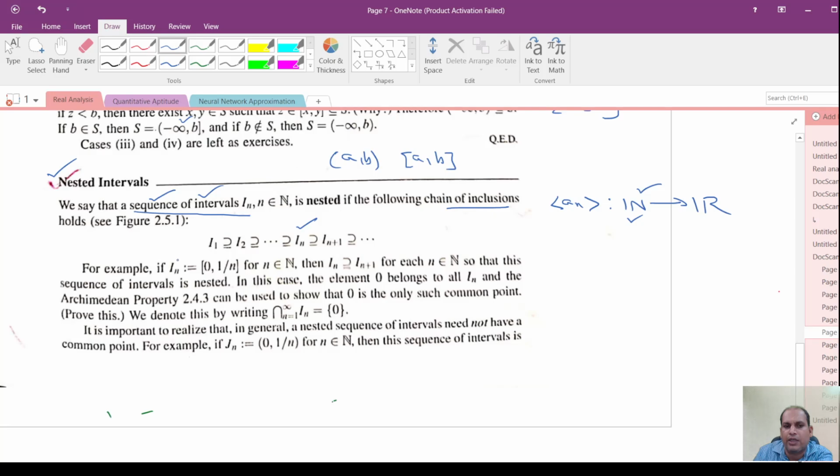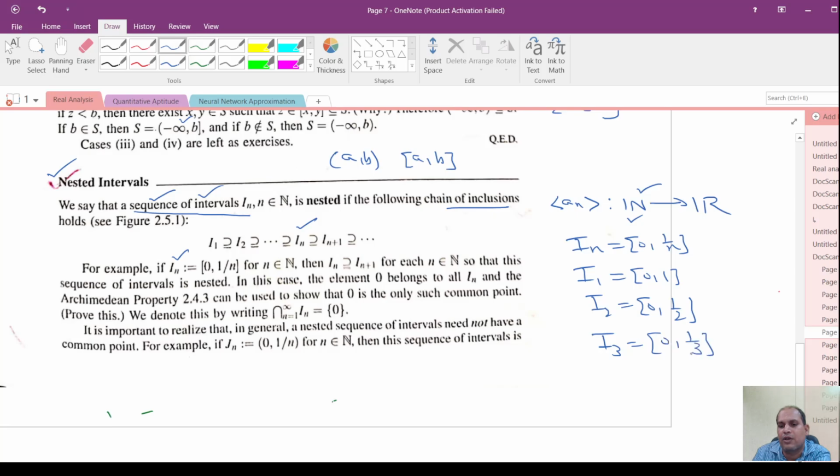For example, consider I n equal to 0 to 1 by n. Then I1 will be 0 to 1, I2 will be 0 to half, and so on, I3 I can write as 0 to 1 by 3. Now clearly I3 is contained in I2 and I2 is contained in I1, and so on.